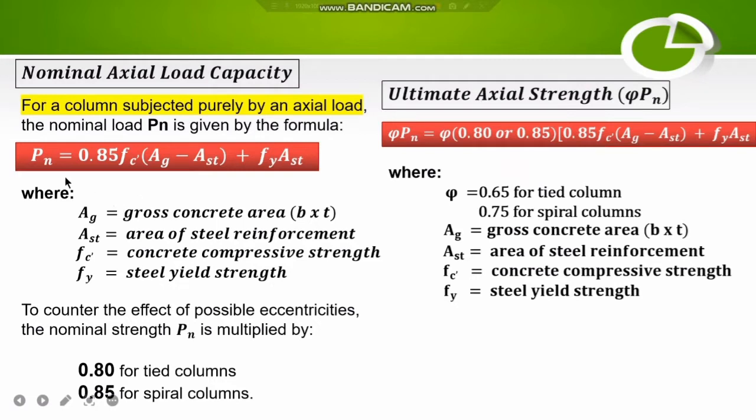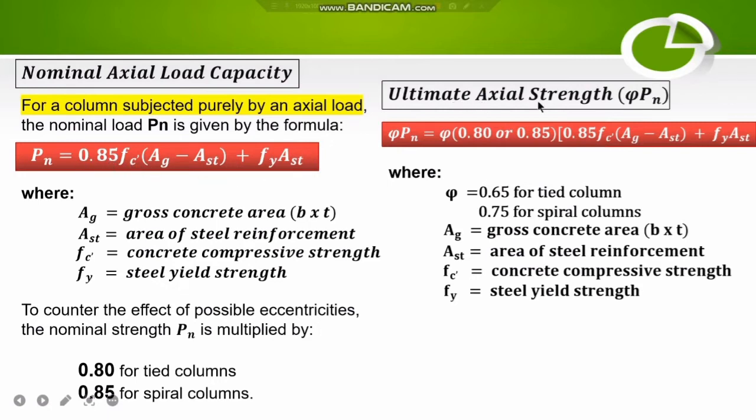Thus, when we consider the column as tied, Pn will become 0.80 times 0.85 times Fc prime times the quantity Ag minus Ast, plus Fy Ast. As with the spiral column, just put the value of the counter effect, 0.85, before 0.85 Fc prime.